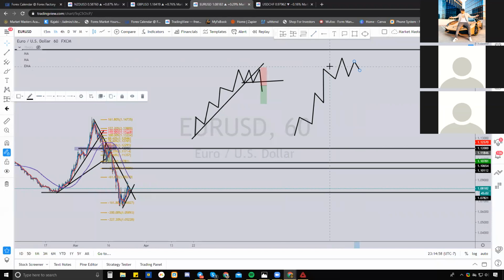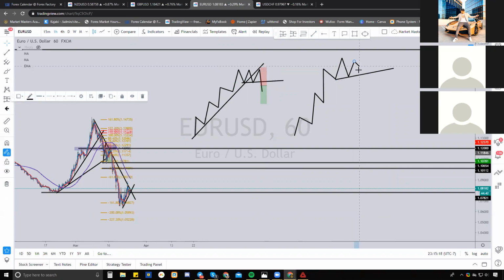One of the confirmations is the correlation: when this is going in a downtrend and it already broke the structure, then I should be expecting GBP/USD to also get in on the sell. The thing is, you want to have multiple confirmations on any pair that you're on, not just the correlation.